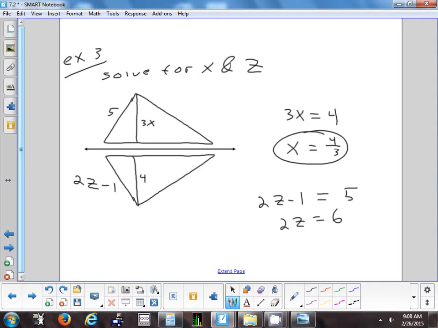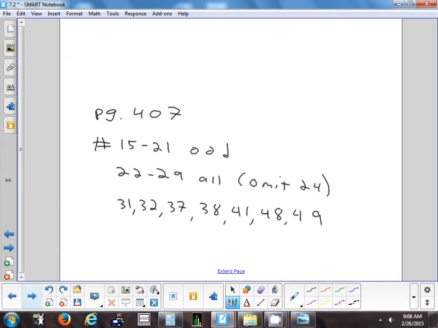And how much is z? Yeah, z is 3. Now if this was like a right angle, we could use the Pythagorean theorem to find another side in that triangle if we wanted, but that's all they want. Okay, any question on that? All right, so that's reflections.